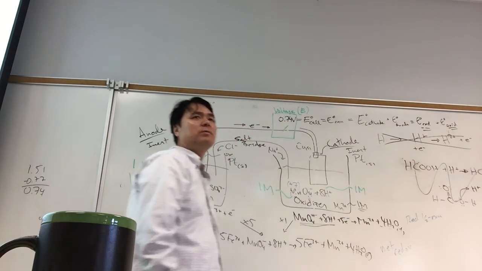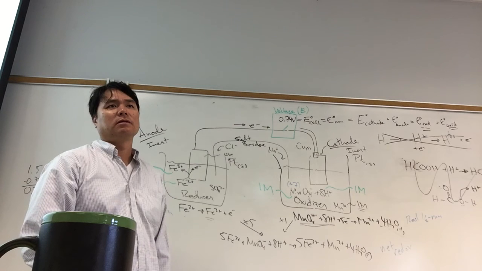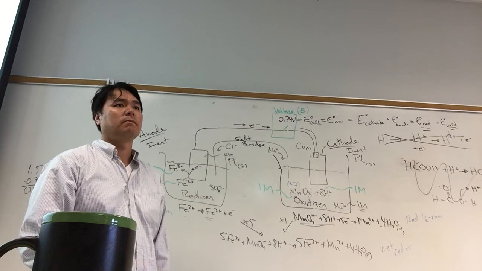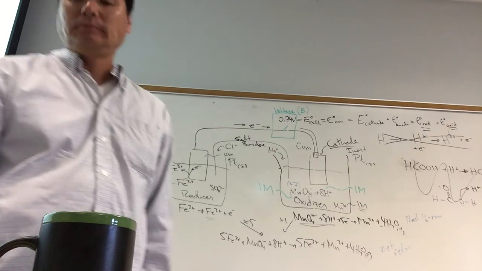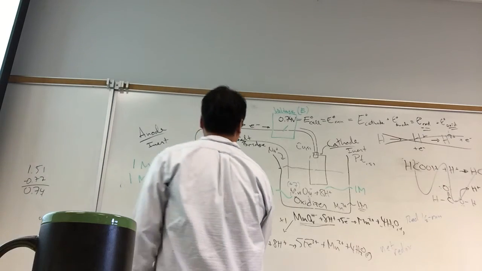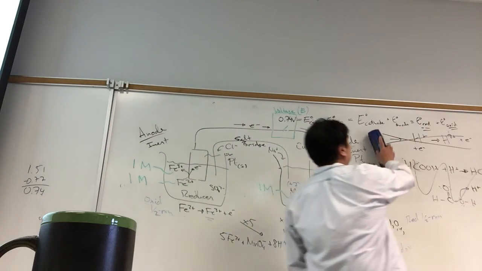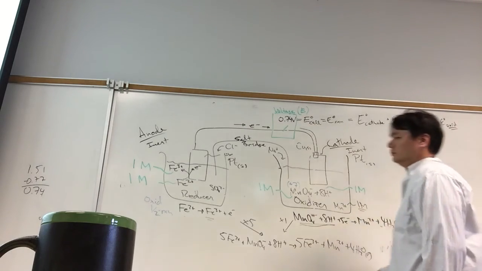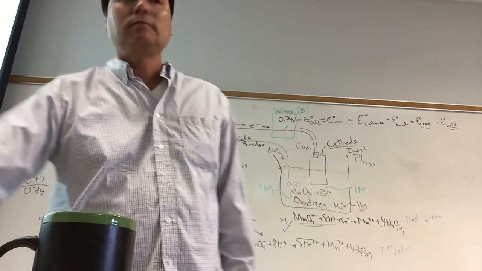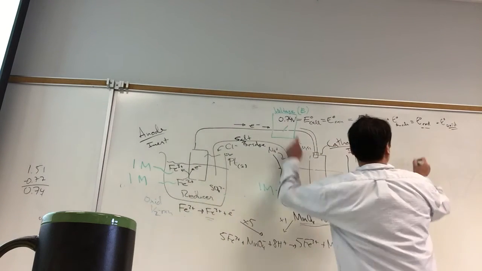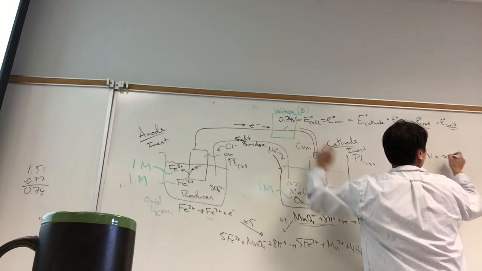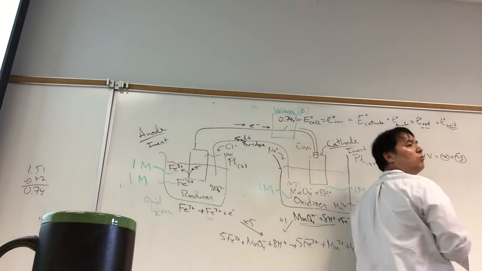In other words, the individual potentials. This is what I have: I know 0.74 volts is equal to x plus y. I want to figure out what x is, and I want to figure out what y is.